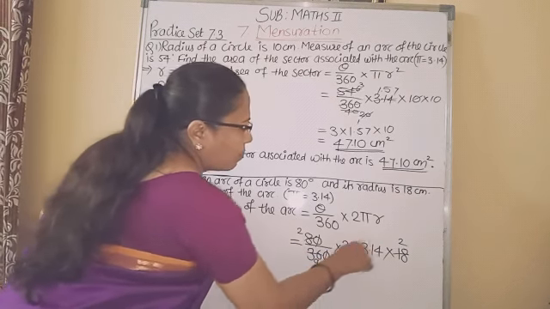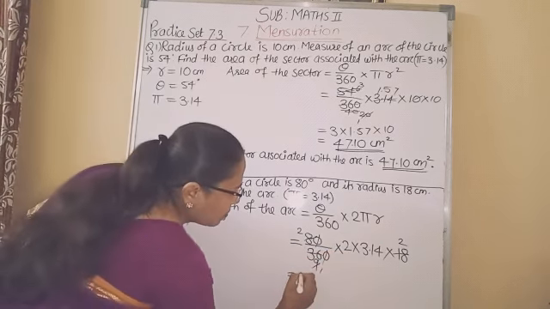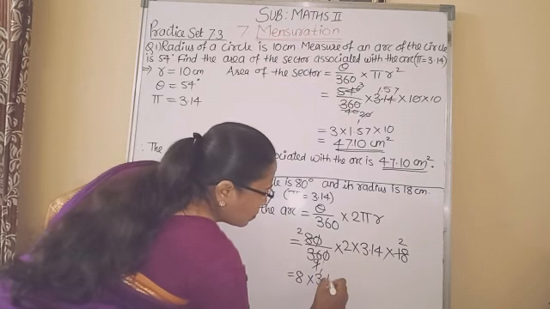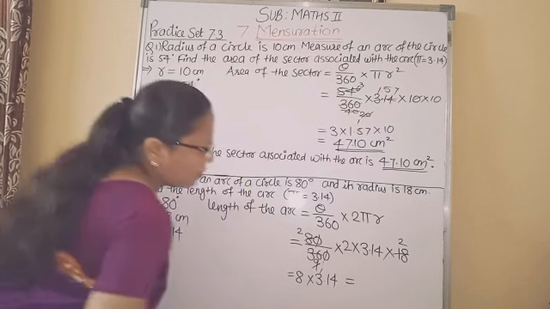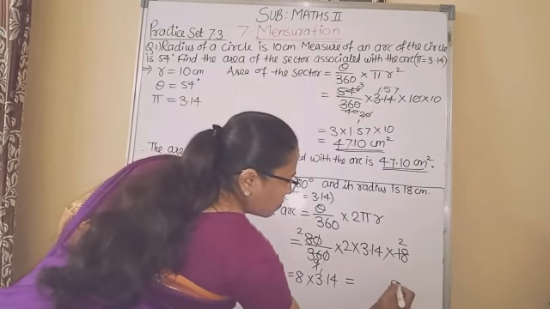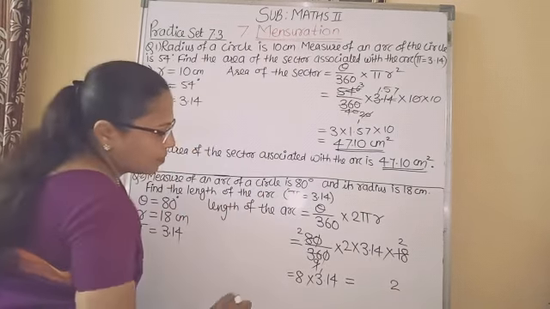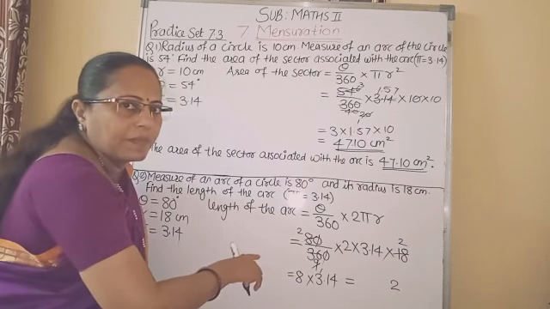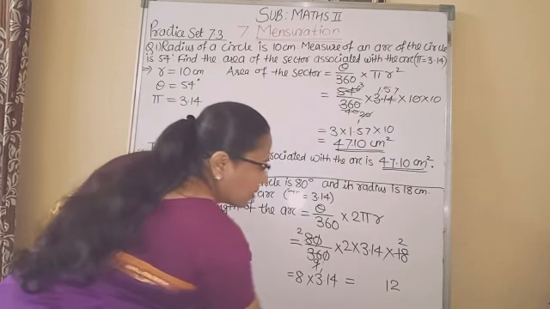2 2s are 4, 4 2s are 8. 8 into 3.14. Now multiply. 8 4s are 32. Carry 3. 8 1s are 8. 8 plus 3, 11.